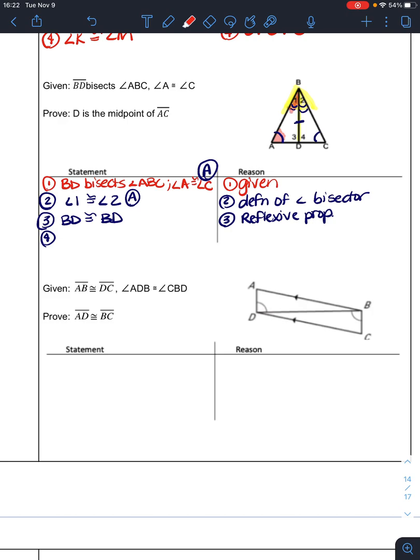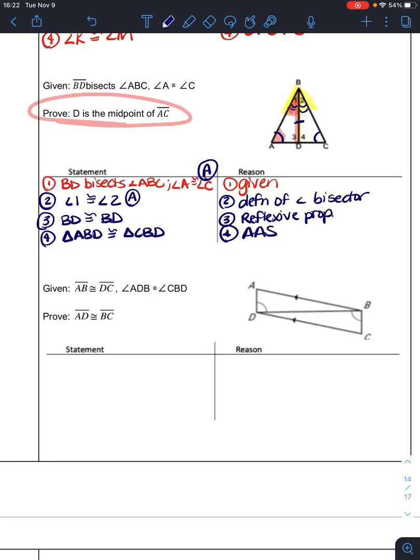I have an angle, I have an angle, and I have a side. And I have one angle that's touching the side, but then the other angle is hanging out there at the end. So what that tells me is I can say that triangle ABD is congruent to triangle CBD because of angle, side. Now, that's not my goal, right?